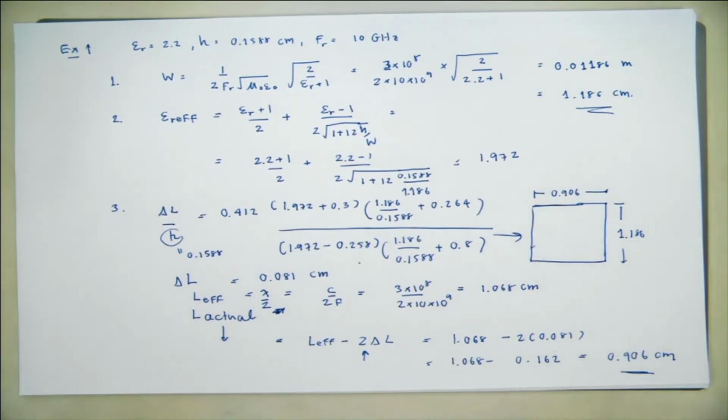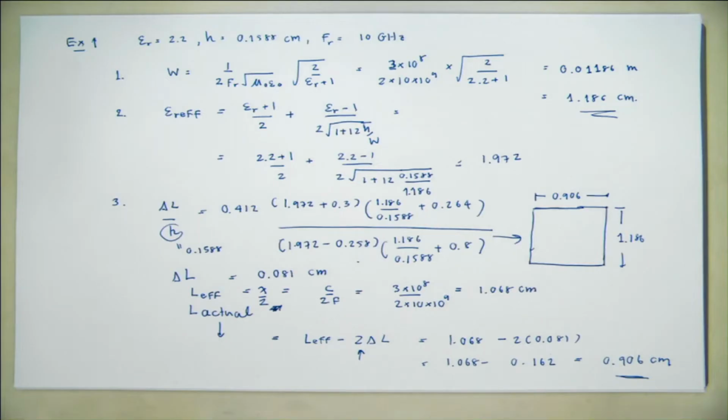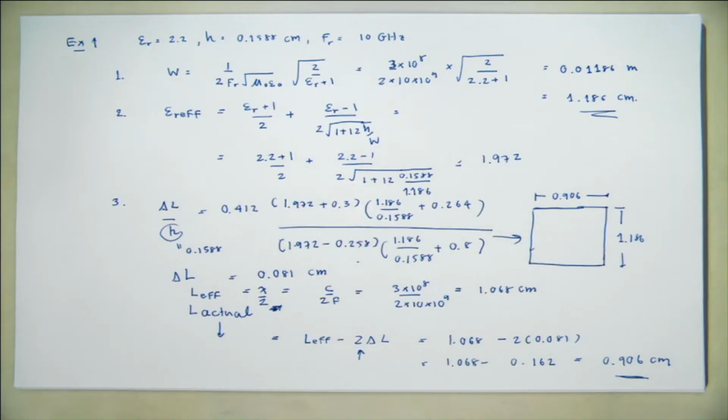So that's example one. If you are assigned the homework, or in actual intern projects that you will be assigned, it will involve something like this. You will use this formula to design your microstrip antenna.